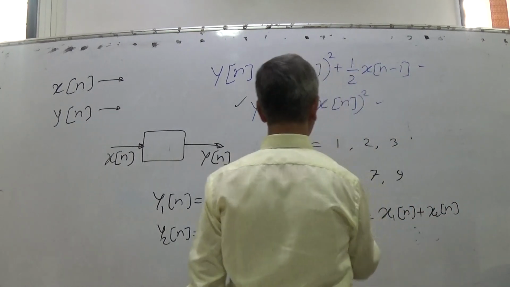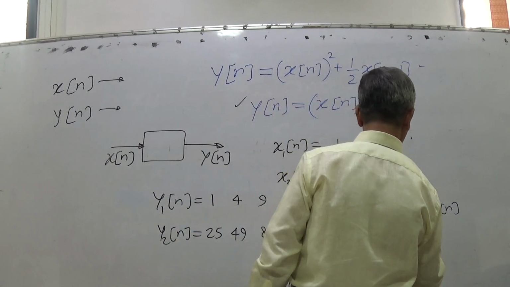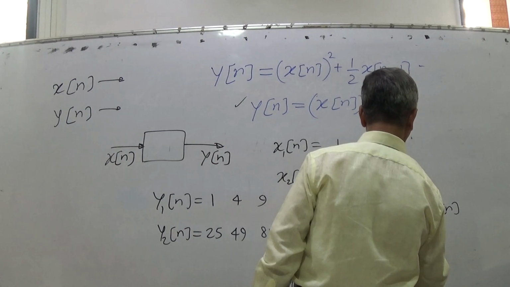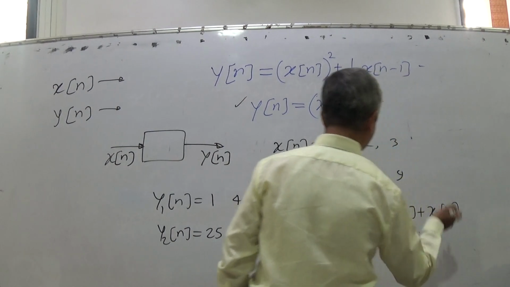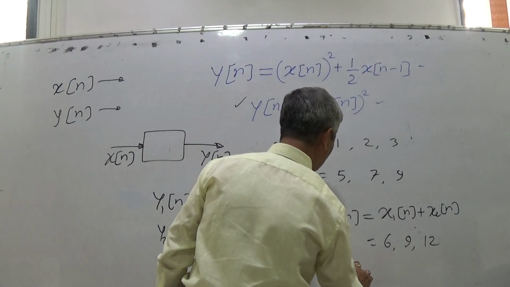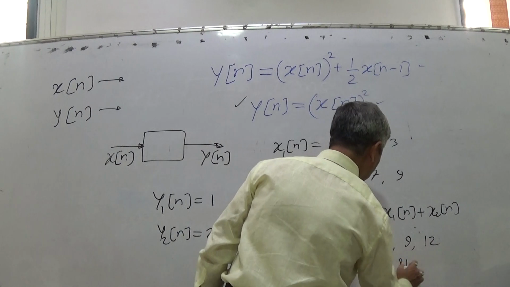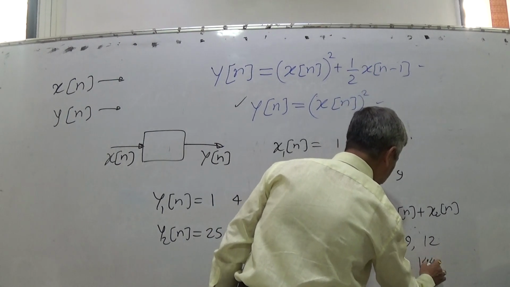So x3[n] is 6, 9 and 12. I apply this to the system. So what would y3[n] be? y3[n] would be 36, 81, 144.